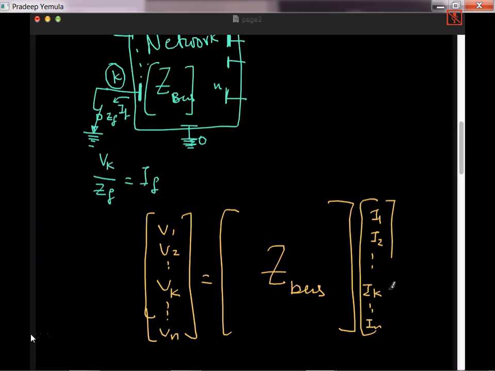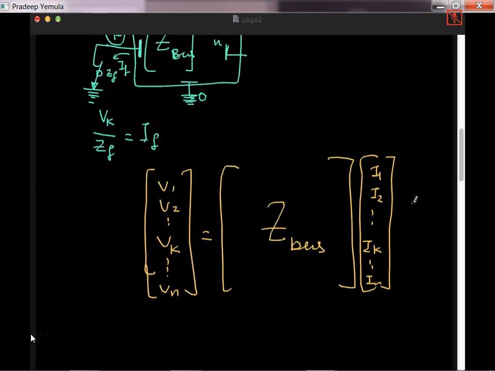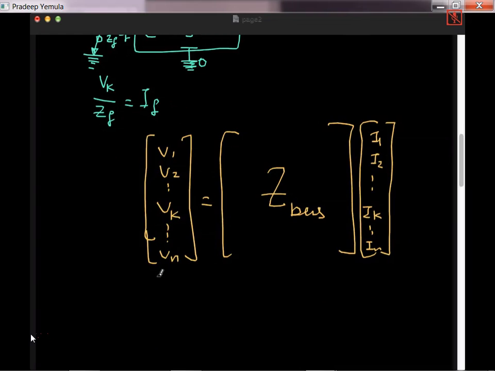This is simple Ohm's law for the network, which we have seen many times. This is the voltage vector, this is the Z bus, and this is the current injection vector, that is, the external currents.